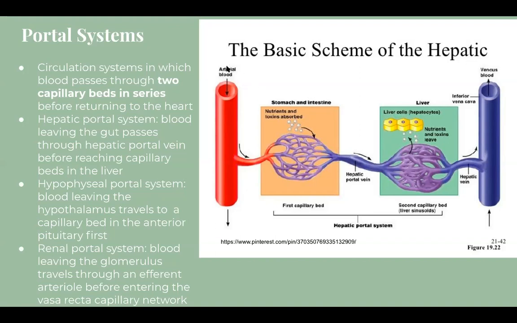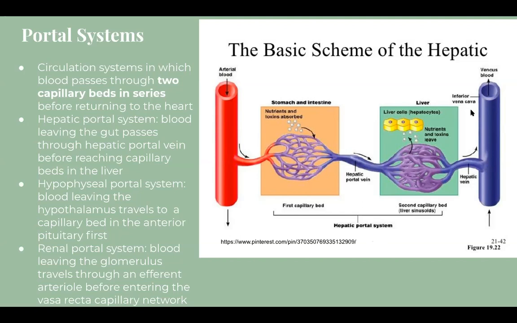You have arterial blood carrying blood to the gut, the stomach and small intestines, and it passes through a first capillary bed in the stomach and intestine. Then a portal vein connects these 2 capillary systems, and after that it enters a second capillary bed in the liver before it gets back to the vein.